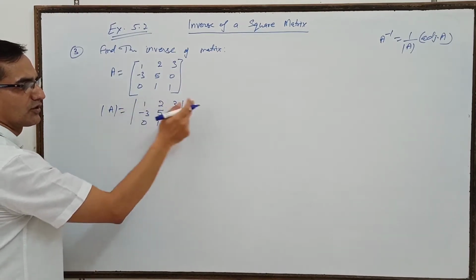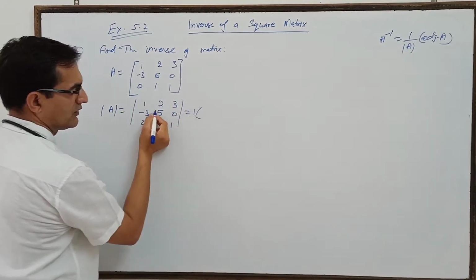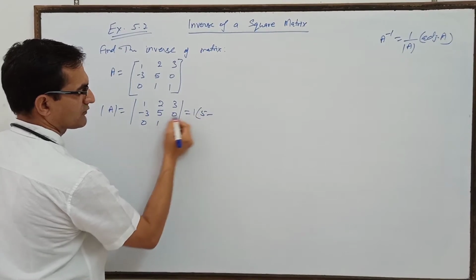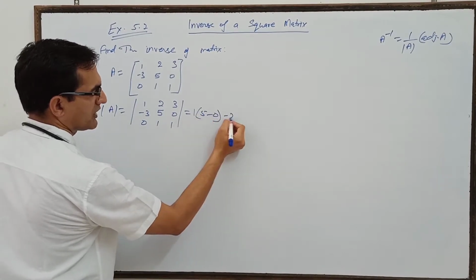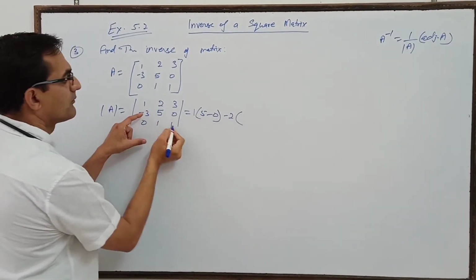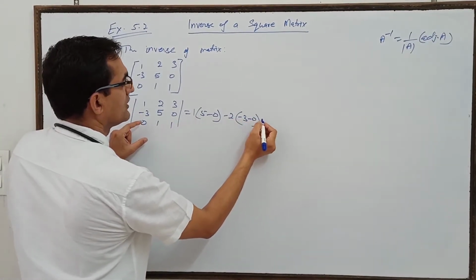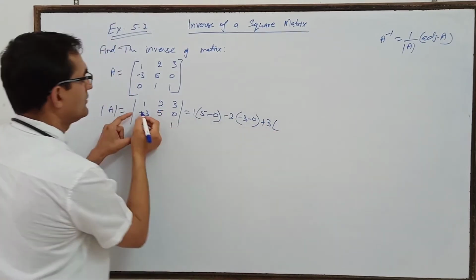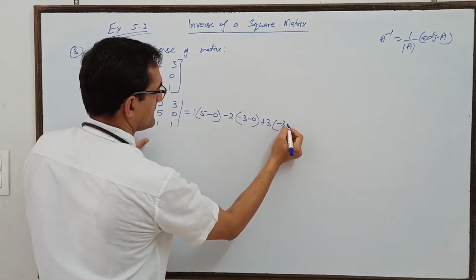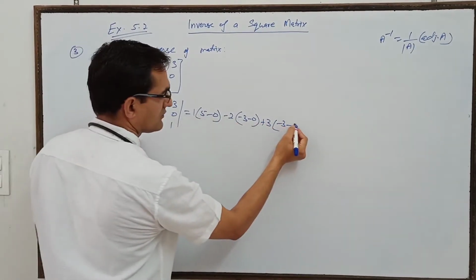Expand it along row 1. So 1 into (5 into 1 minus 1 into 0), minus (minus 3) into (0 into 1 minus 1 into 3), plus 2 into (0 minus 5 into 3).